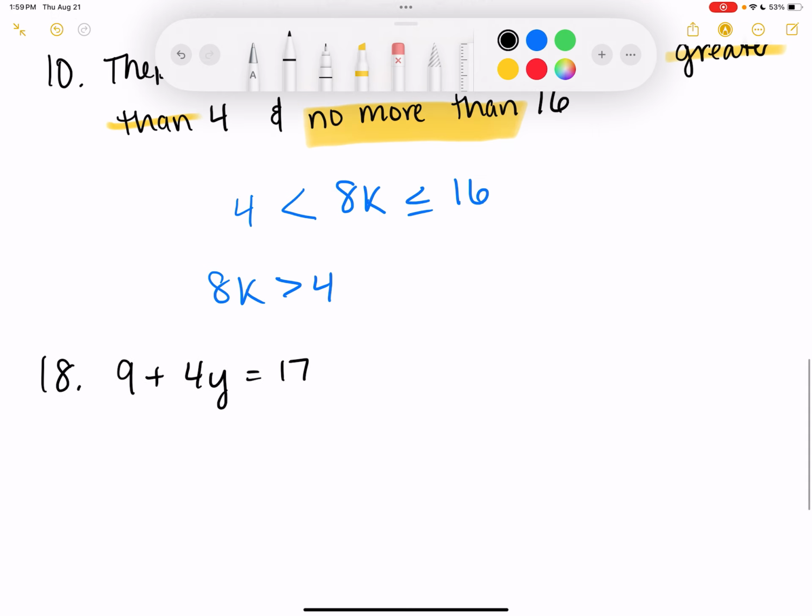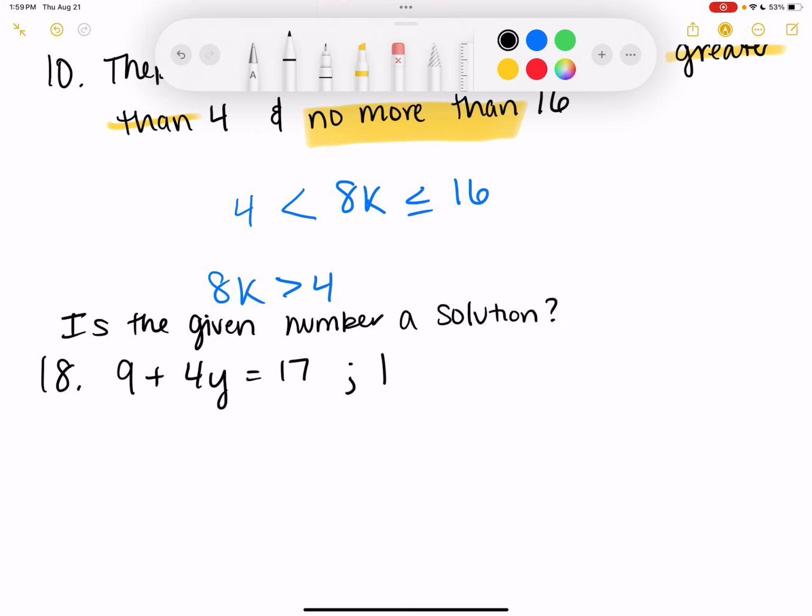And then they do a little semicolon and then they write what number they want you to check to see if it's a solution. Okay, so basically this is the given number a solution? Okay, and I abbreviate solution, SOLN, like that. If you want to abbreviate it, that's fine. If you want to write the whole word out, that's also fine, but I like to write as little as possible.